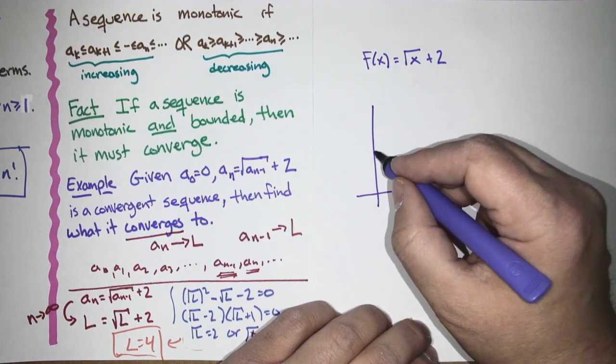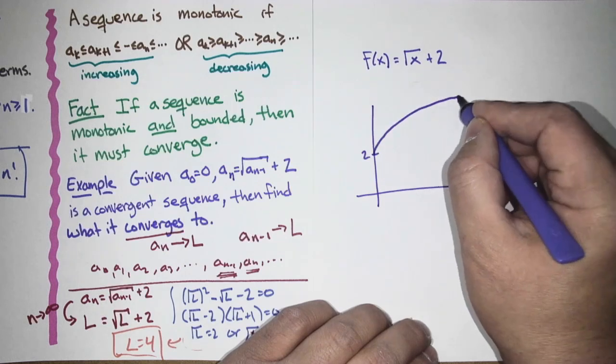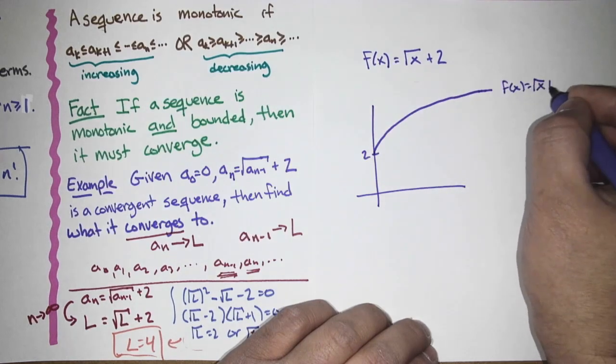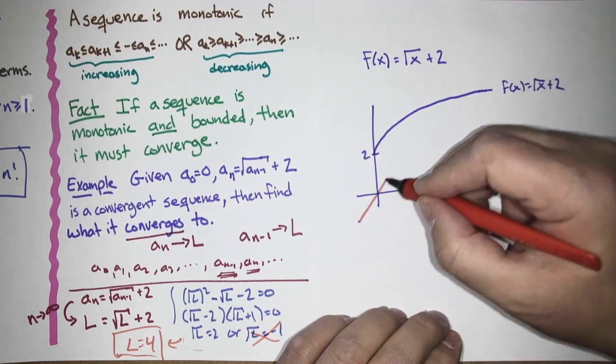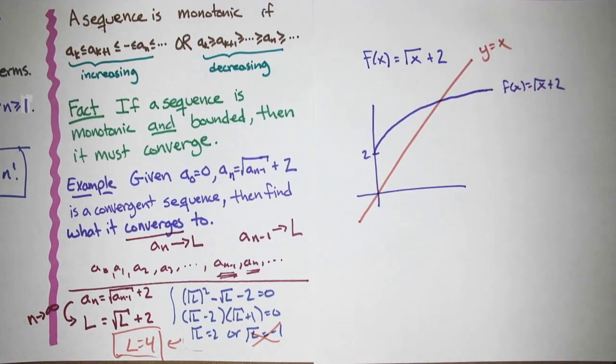It looks like the square root function, except you shifted it up by 2. Okay, so here's f of x equals square root of x plus 2. Now, to that, I'm going to add the line y equals x. And it'll be clear why I add that line in a second.